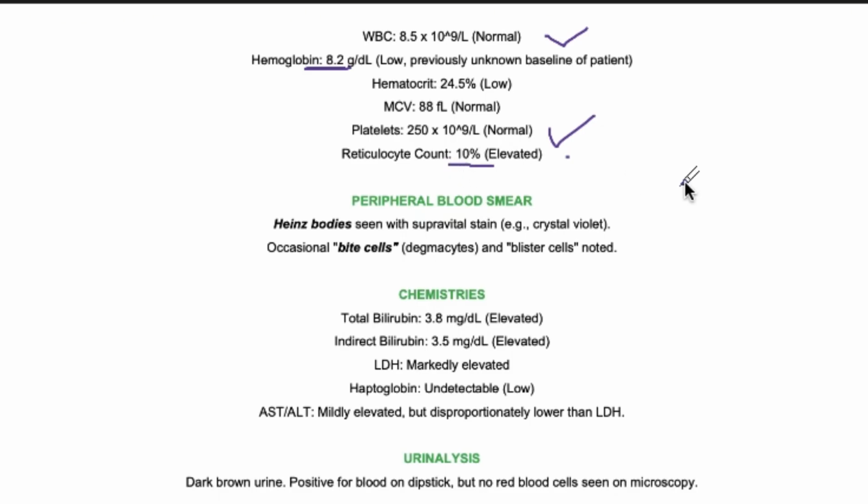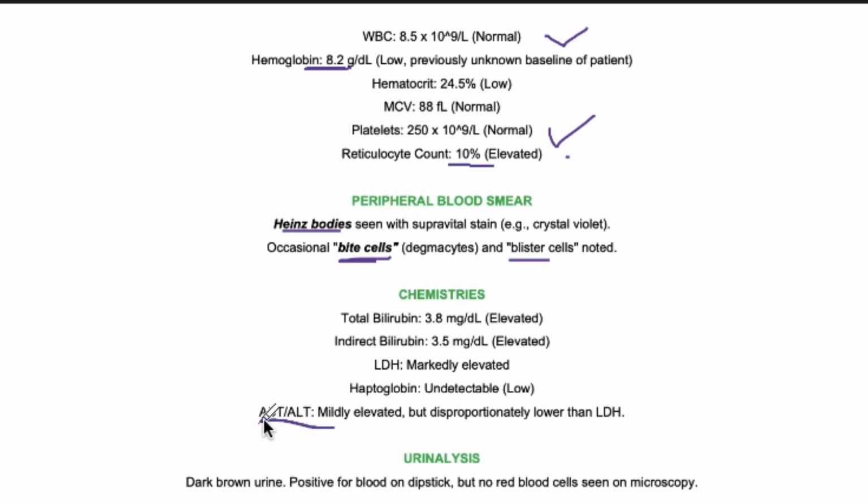A peripheral blood smear reveals Heinz bodies, bite cells, and blister cells, which have already been discussed to be classical findings in a patient with G6PD deficiency. For the liver function test, the AST and the ALT are mildly elevated, and this is highly expected as Paul is jaundiced.